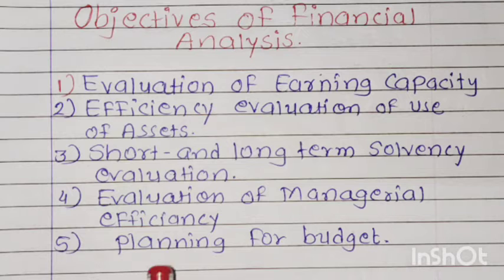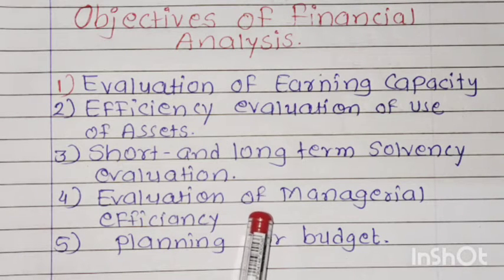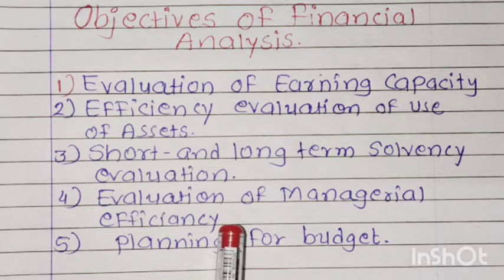Next है evaluation of managerial efficiency. The owners and the management are two different entities in the company form of business. Funds of shareholders are managed by the board of directors. Besides, officers execute the decision taken by the board of directors.